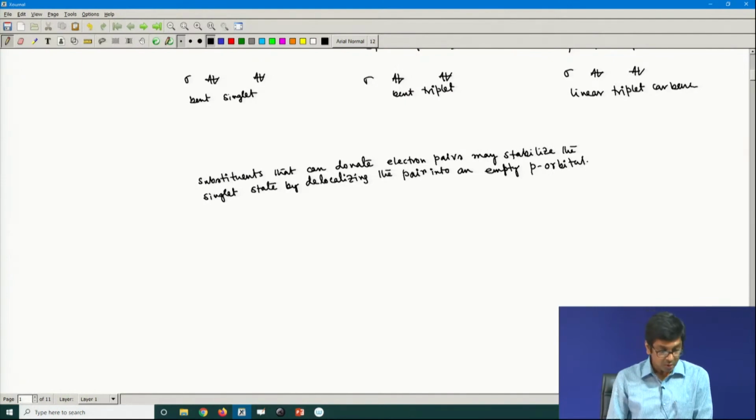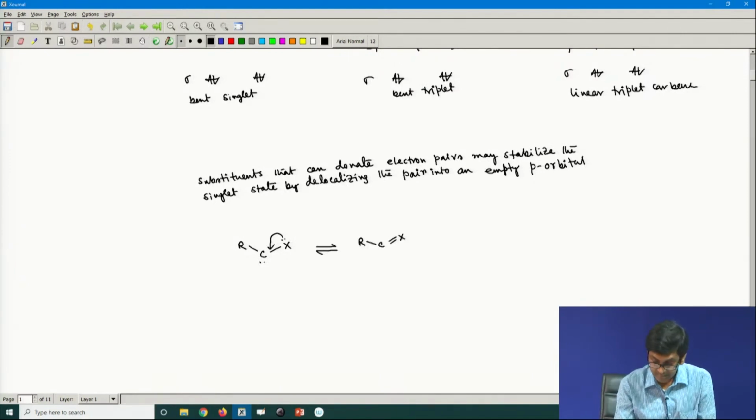Let us see how it can do that. Let us say you have this carbene, and X has this lone pair, so it can donate into the empty p orbital to stabilize this.